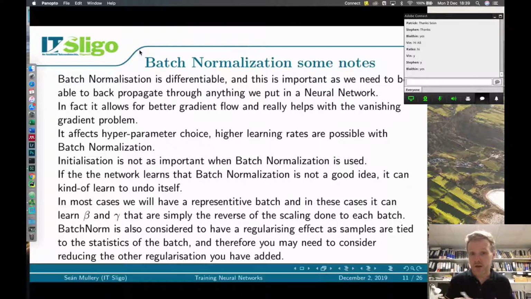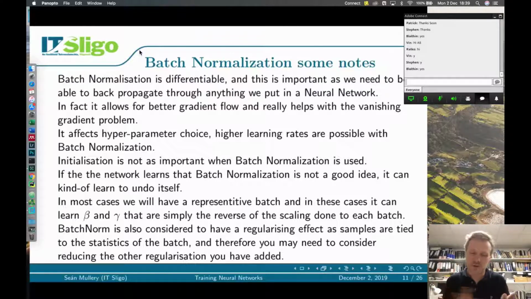If the network learns that batch normalization is not a good idea, it can learn to undo itself, and that's what I was explaining there. It can decide that it's going to undo whatever it did in the first place. That's not entirely true, because it calculates the mean and standard deviation of the current batch of statistics, whereas what it learns to undo is learned over the long term.